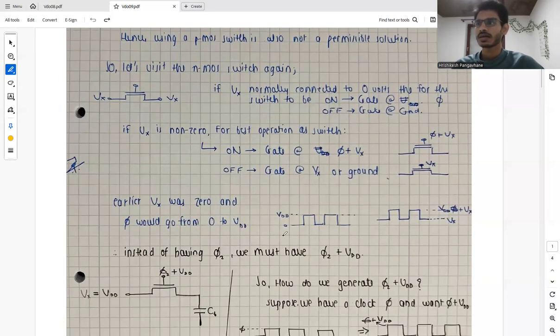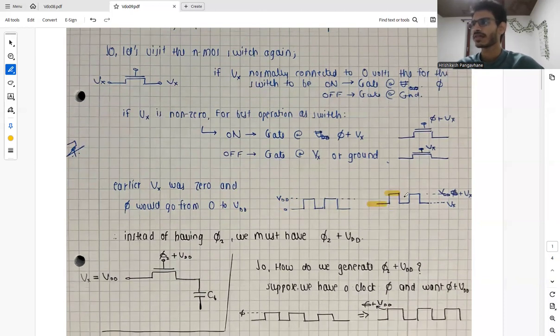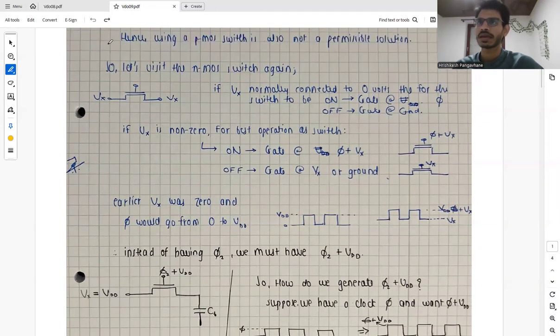So we had phi as 0 and VDD in the track phase and the hold phase, but now instead of 0, we have some voltage Vx. In order to maintain the same difference, we have the upper voltage as VDD plus Vx, because phi was going from 0 to VDD. Now it goes from Vx to VDD plus Vx. That's how we maintain the same behavior of the NMOS switch.